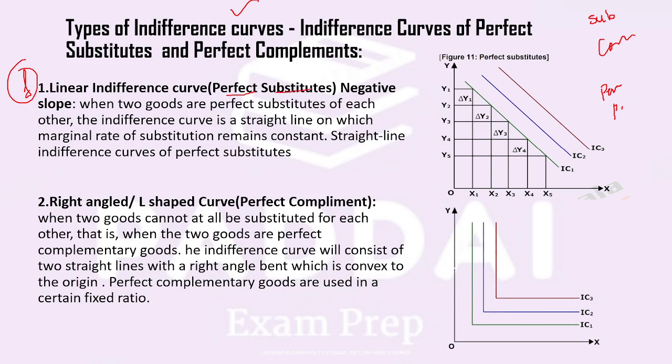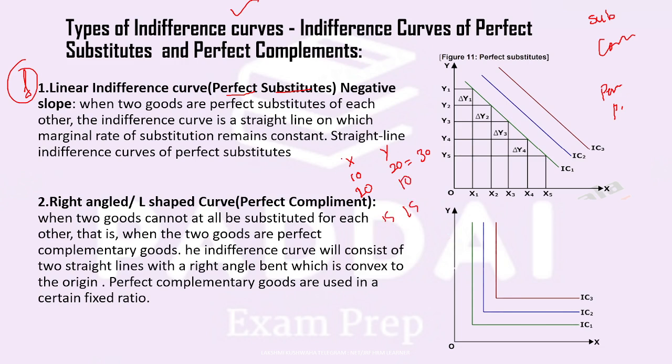When the goods are perfect substitutes, it means I have two goods, X and Y. I am using 10 and 20, so my satisfaction is 30. Here 20, here 30, 10, 15, 15.